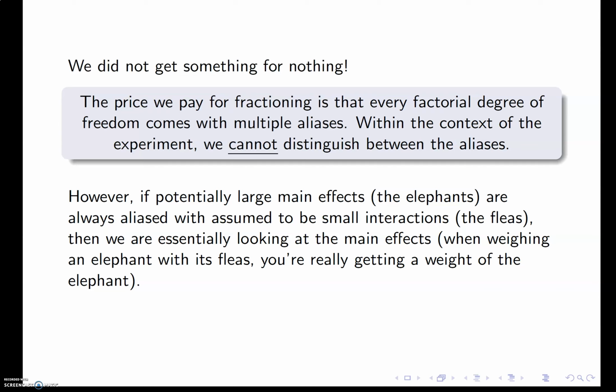So perhaps one strategy you can use is to make sure that if you have a very important main effect, such as A, that you know you want to estimate, you use a set of defining contrasts so that if it is aliased, it gets aliased with something that is a flea, an interaction that is not consequential to you. That's a good strategy.